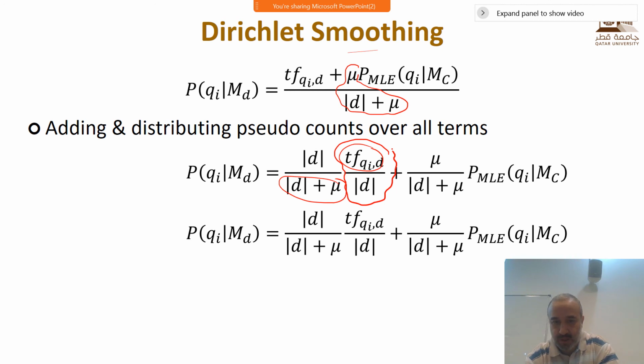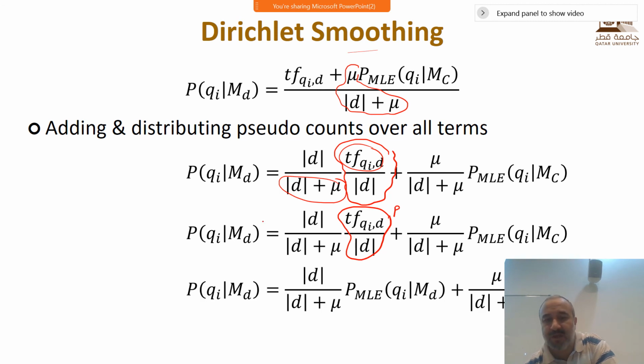Actually, that should be the foreground probability, which is P of, I think this is next one. Okay, so that's redundant. This is the one. So now it's like a factor multiplied by the foreground probability times, actually 1 minus the factor. If you look at it, the sum of these two is 1.